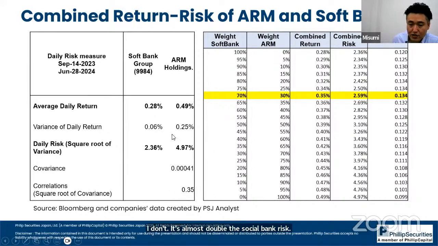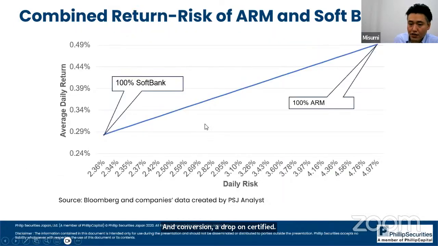It's less correlated with each other, but if we try to make the portfolio combined risk-return relation model, combined risk and returns, it's 100% SoftBank and 100% ARM, and it looks like that.